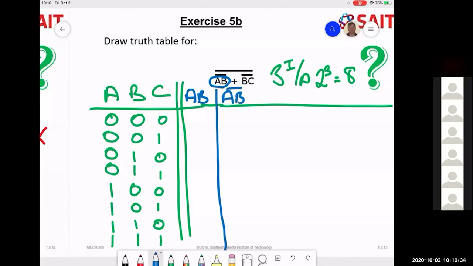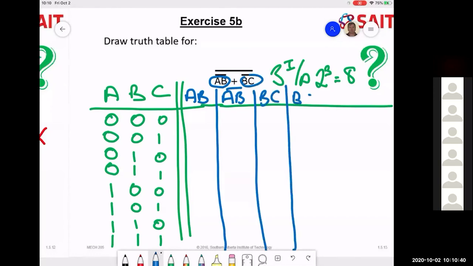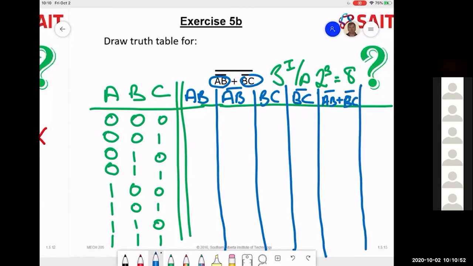We've also got B and C, which also gets NOTed. They then get ORed together. So BC. And then we invert all that again to get our output X.